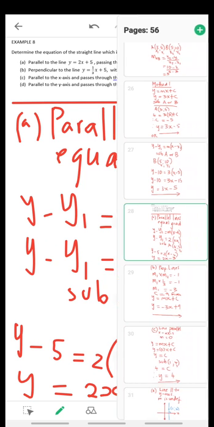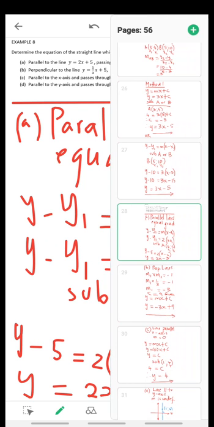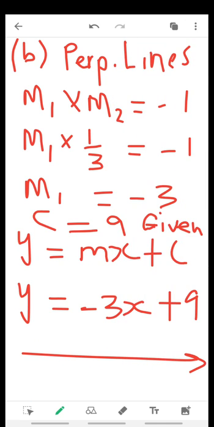Okay, but let us look into that one in terms of writing. So, perpendicular lines, what do we know? Their gradients multiplied give minus 1. So, the gradient of the line that we are looking for, let's call it M1, multiplied by the gradient of the line that is given, let's call it M2, will be equal to minus 1. So, we are looking for M1. This will be multiplied by, what is the gradient of the given line? 1 over 3.